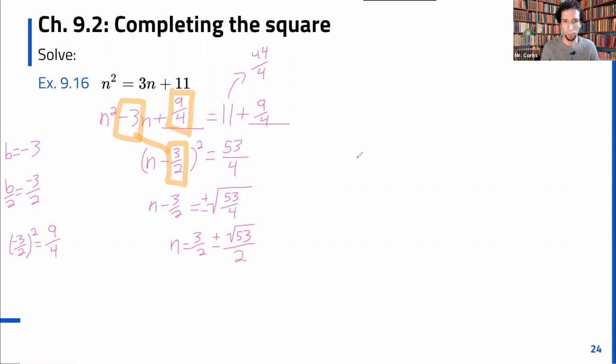So remember, 53/4, we can split that up into square root of 53 over square root of 4, then just reduce the square root of 4. And then we just have the two versions of n. It's this one or that one with the plus and with the minus. We've done that a bunch of times. I'm going to skip that part here.